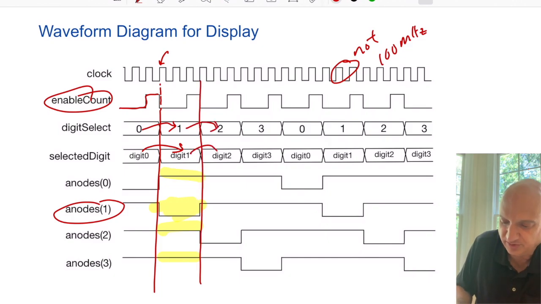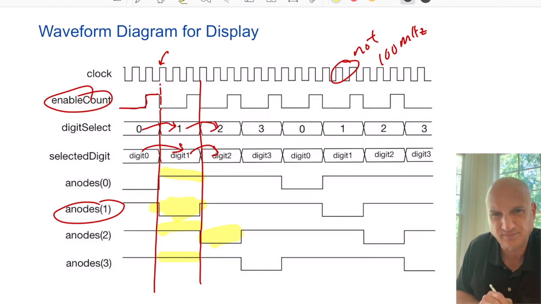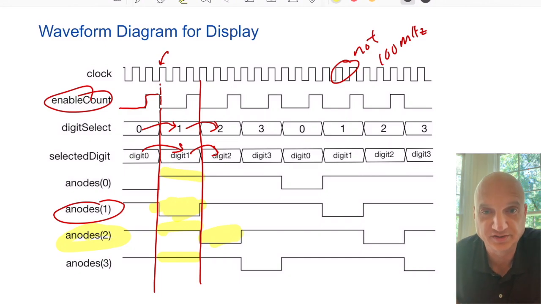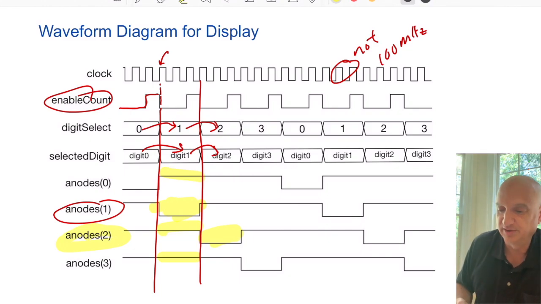And then it goes to digit 2, and digit 2 down here is activated with an active low on anode 2. All right, and it continues to cycle through this over and over again. This is the way in which our system works. This is the way everything comes together in our design.